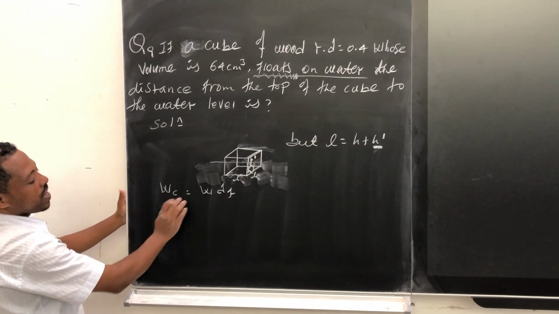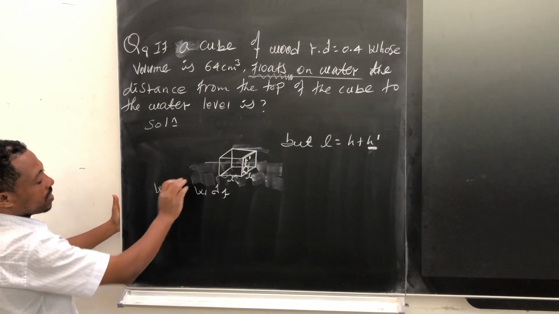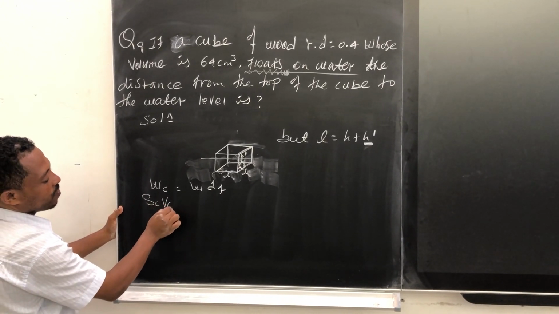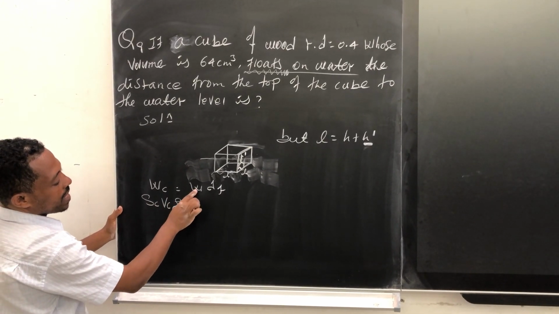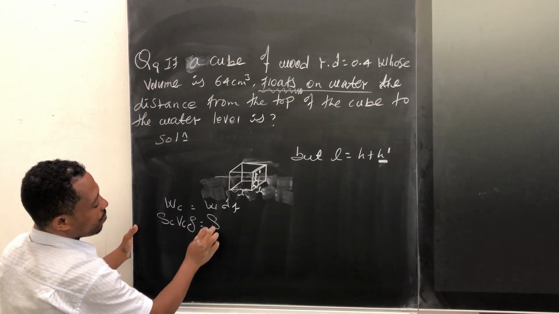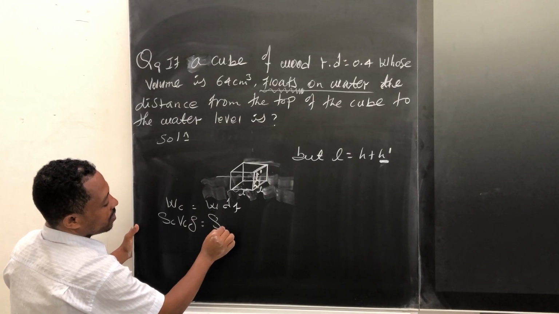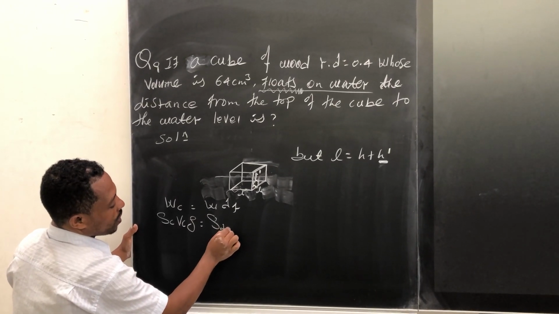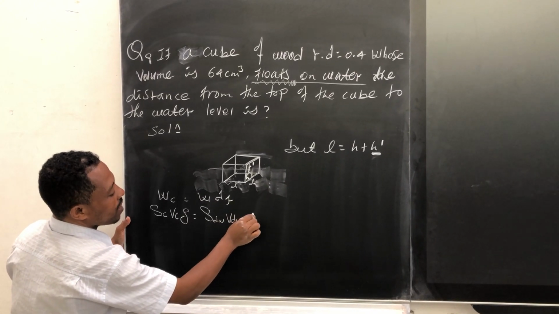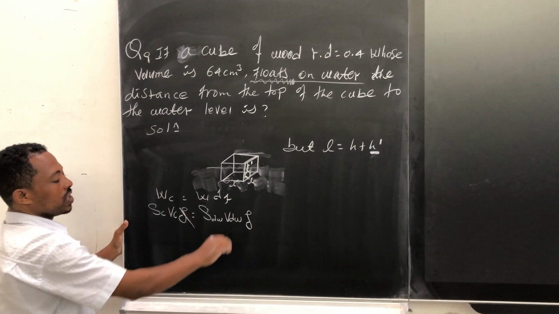The weight of the cube, so-called the block, is simply the density of the cube times the volume of the cube times g. And the weight of the displaced fluid is simply the density of the displaced liquid, so-called water, times the volume of the displaced water times g, and then g by g cancel.